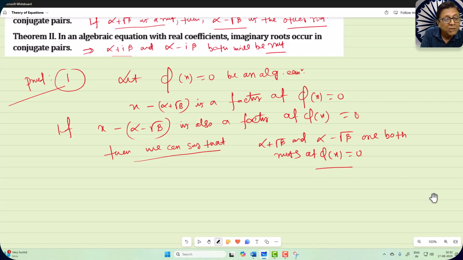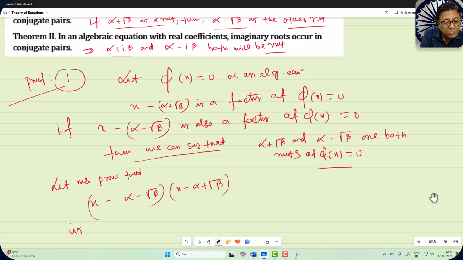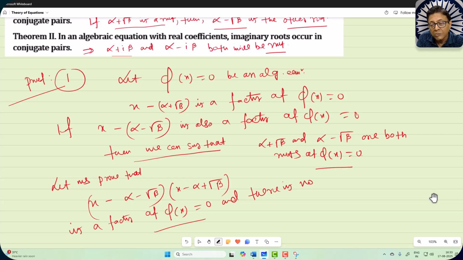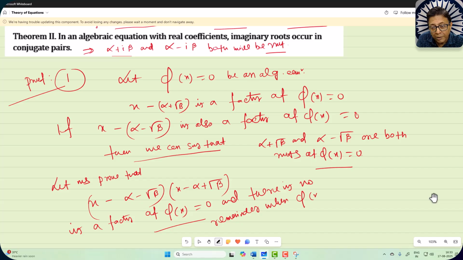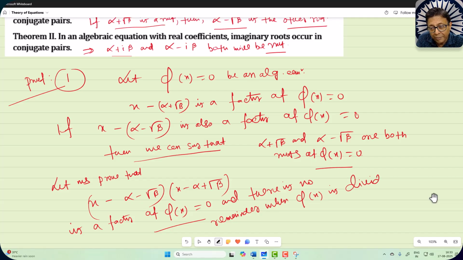Let us prove that x minus alpha minus root beta, the first factor, into x minus alpha plus root beta is a factor of phi x equal to 0, and there is no remainder when phi x is divided by their product, that is x minus alpha whole square minus root beta square.